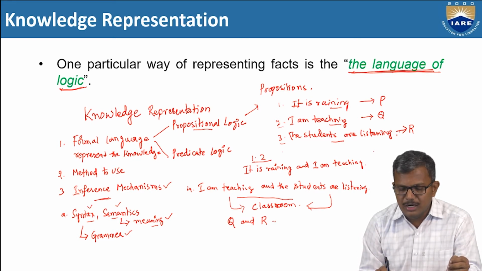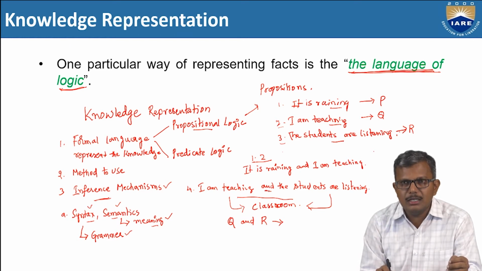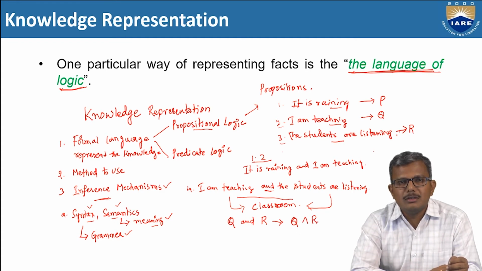If I convert this into propositional logic, I need to use some kind of connectors. And is the connector connecting these both representations. So in place of and, I write this symbol. It is called a logical operator, or otherwise a connector.